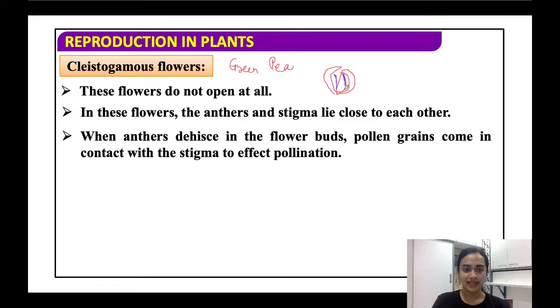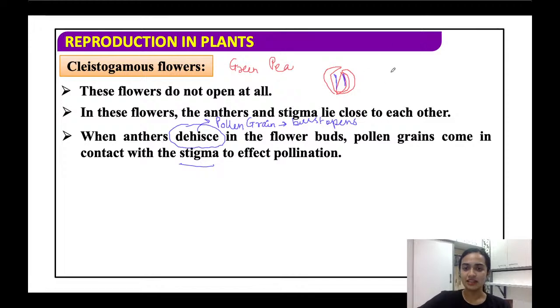When these anthers dehisce, by dehisce I mean that the pollen grains burst open from the anther, they come in contact with the stigma.